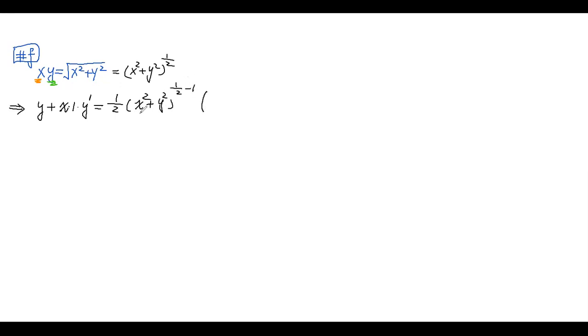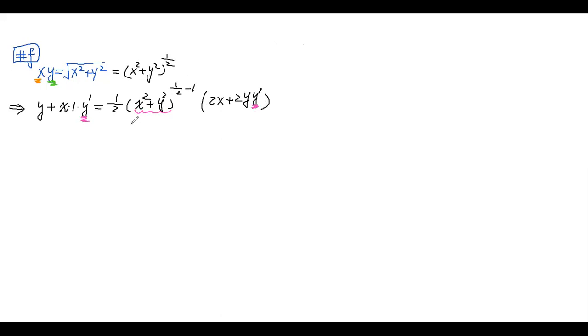Then chain rule inside. So this will be 2x plus 2y, and don't forget the y prime here, right? Make sure we remember this y prime so we don't make silly mistakes.